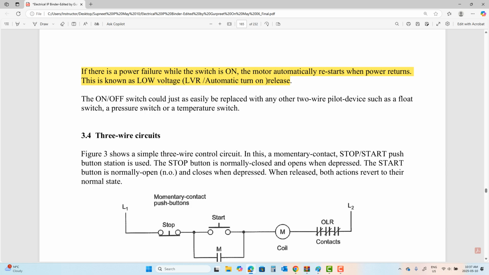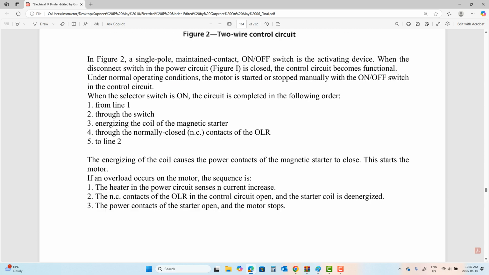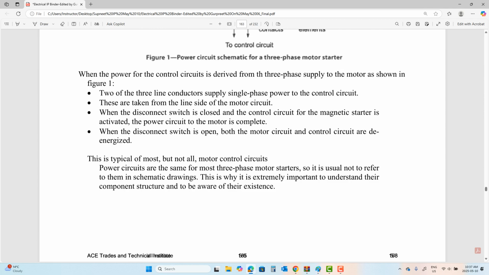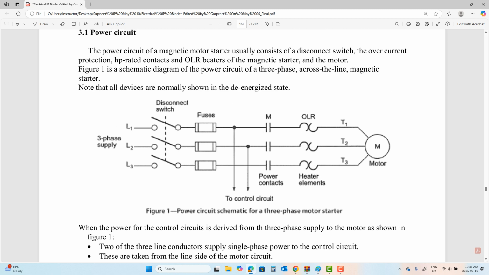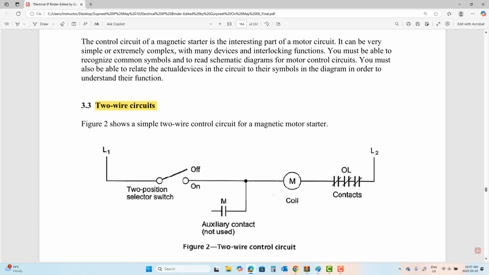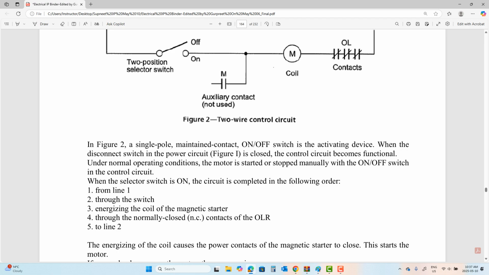So how is it providing overload protection? Let's say this circuit is designed for a 10 HP motor and you ended up putting a 50 HP motor here. The moment you put a 50 HP motor, the heater elements are going to heat up. The moment the heater elements heat up, these contacts, which are your OL contacts, will open. Right?